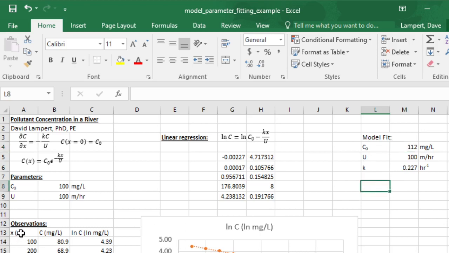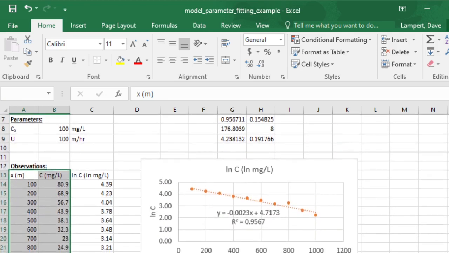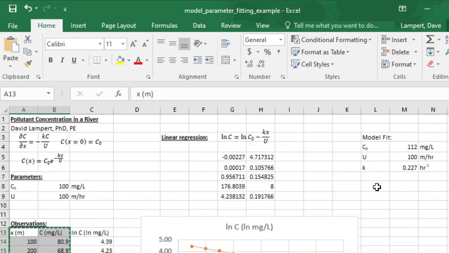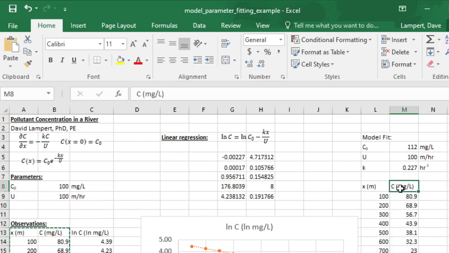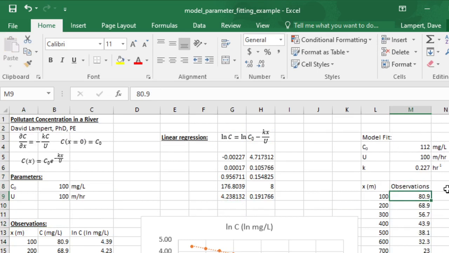Okay, so quickly now what I want to do is make a plot here. I'm going to copy this data from over there, here, and I'm going to change this to observations and model.